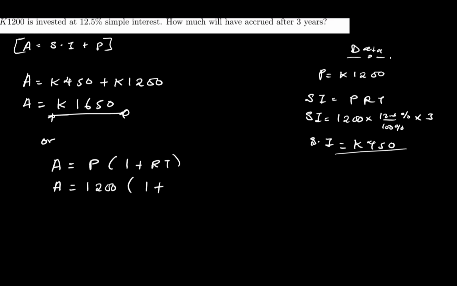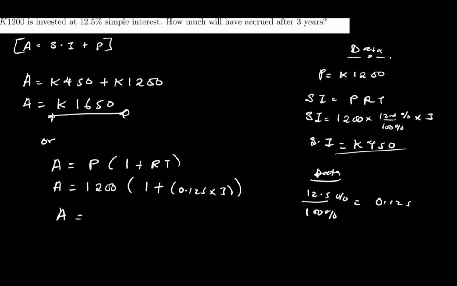If we change the rate, say 12.5 divided by 100, we'll basically get about 0.125. So we say plus 0.125 times the duration, which is 3. If we plug and chug on our calculators, we expect to get the same amount, which is 1,650 kwacha. And this is how you go about solving this particular question.